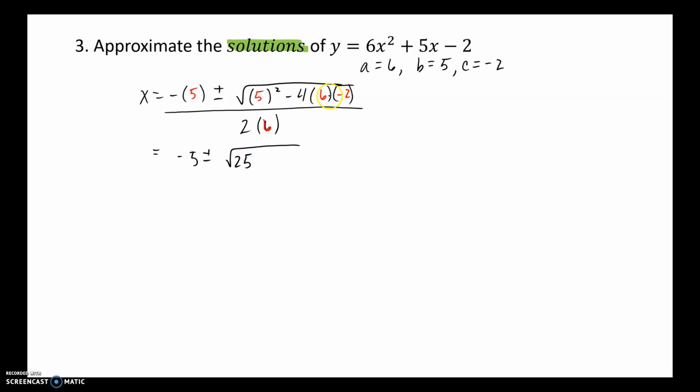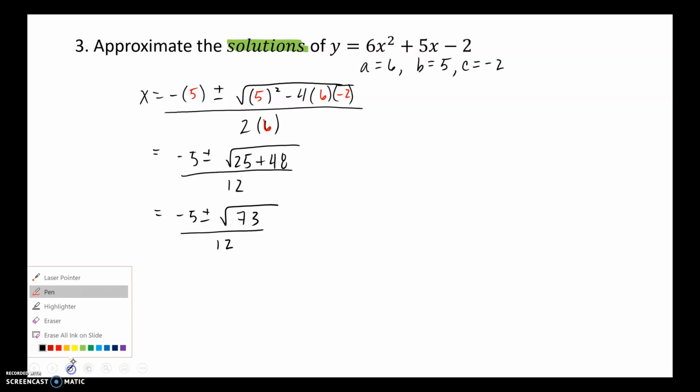Then I have -24 times -2, so that would give me a positive 48, all divided by 12. If I add 50, that gives me 75, minus 2 would be 73. Okay, so underneath the square root is positive. That's a good thing.